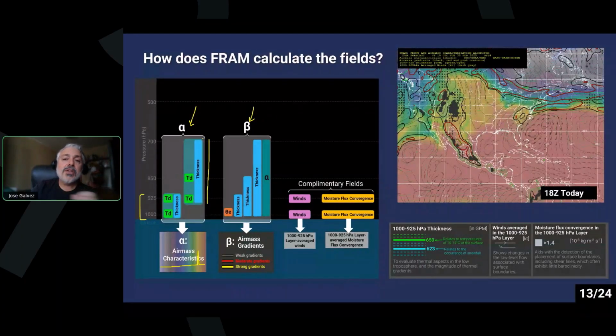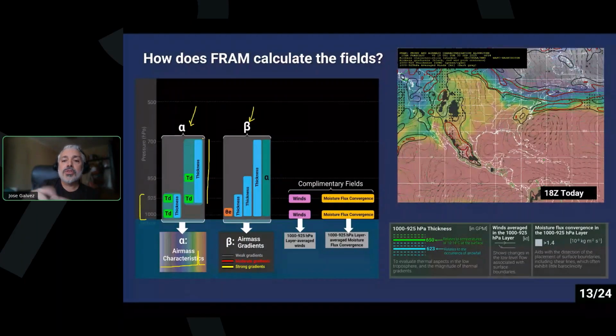So why not use just one level? Why not use just 1000? What happens is that in some instances, particularly when you have terrain, when you're over continents, even if you're in a flat region, you can have interference. You can have, let's call it noise, from diurnal features or features induced by the terrain.